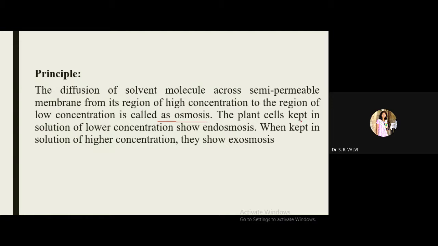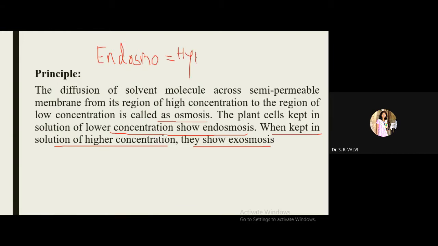The plant cell kept in a solution of lower concentration shows endosmosis. When kept in a solution of higher concentration, it shows exosmosis. Always remember, endosmosis happens when we keep the cell in a hypotonic solution, and exosmosis will compulsorily happen in a hypertonic solution.